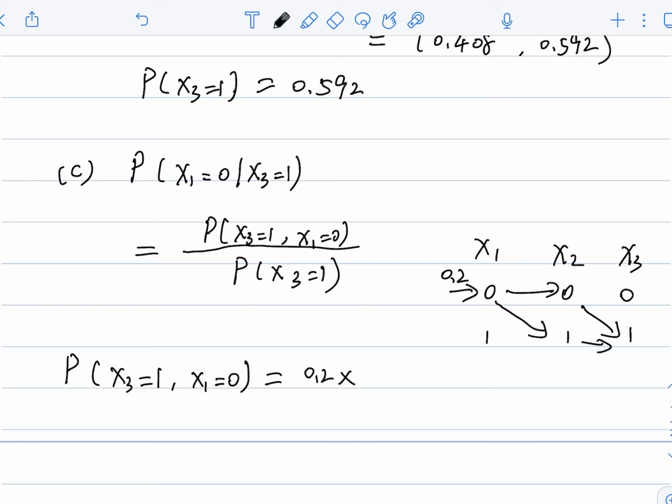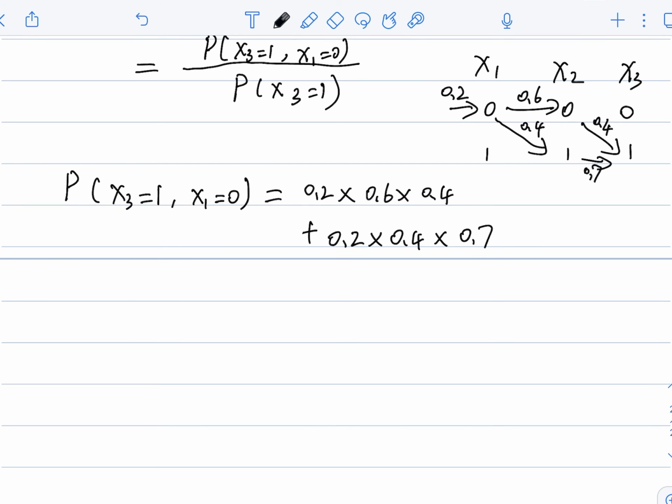Therefore, the probability that x3 equals 1 and x1 equals 0 equals 0.2 times 0.6 times 0.4 plus 0.2 times 0.4 times 0.7. And we also know from the previous question the probability that x3 equals 1.